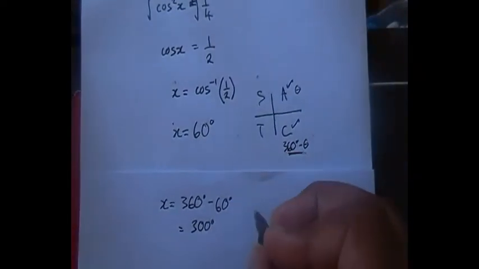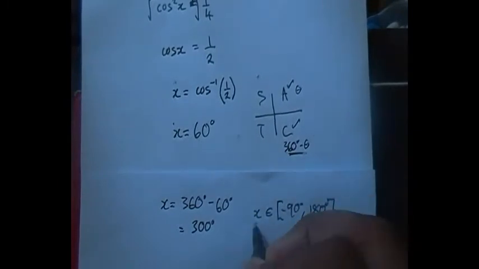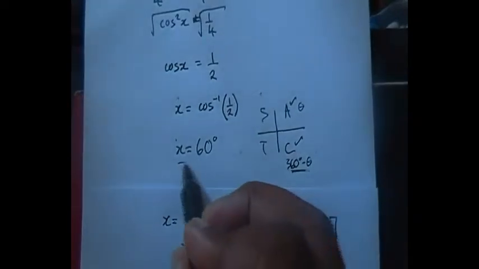But note that we are only solving for x between negative 90 and 180, so this doesn't count anymore. So our x coordinate is equal to 60.